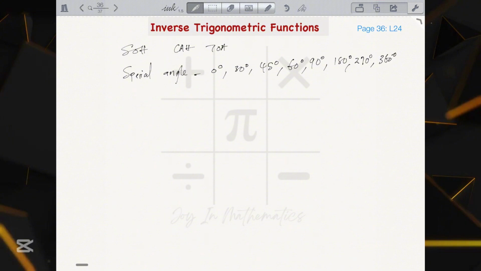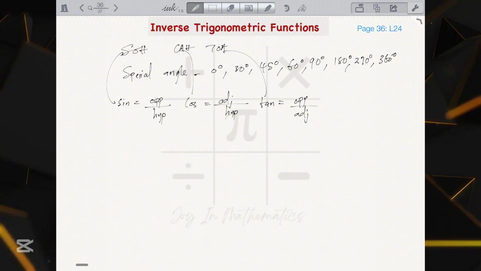And we understood the sine is equal to opposite over hypotenuse, cosine is equal to adjacent over hypotenuse, tan is equal to opposite over adjacent.